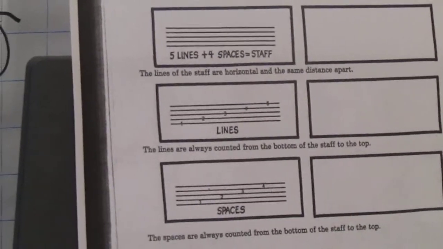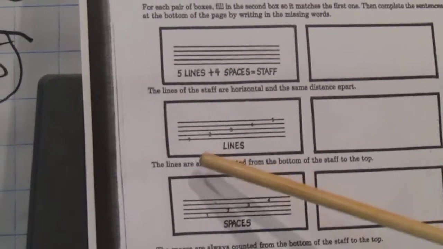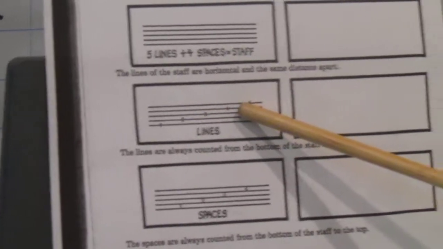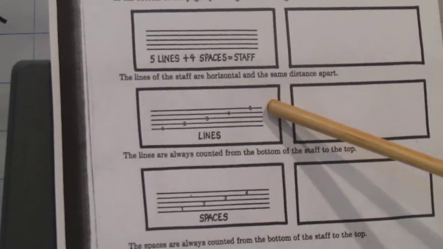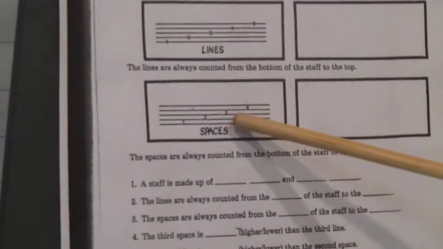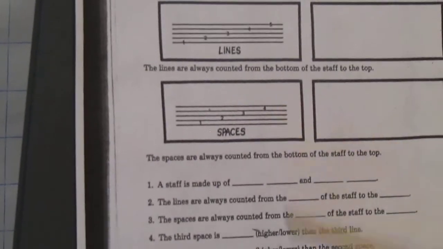Does that make sense? Let me turn this around. Line 1, line 2, line 3, line 4, and then line 5. I want you to do the same thing for me. And then for the space notes, we have space 1, space 2, space 3, space 4.